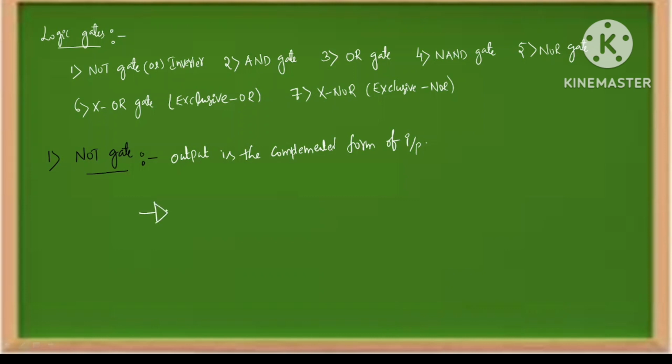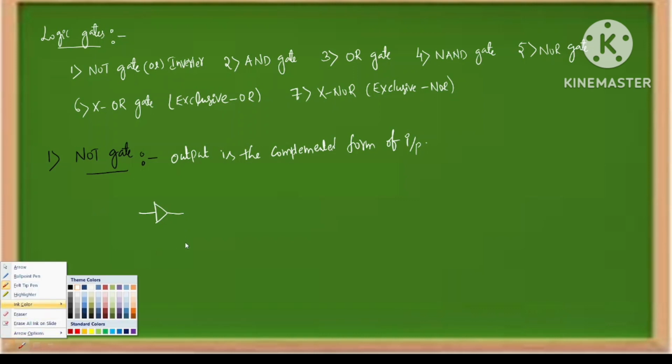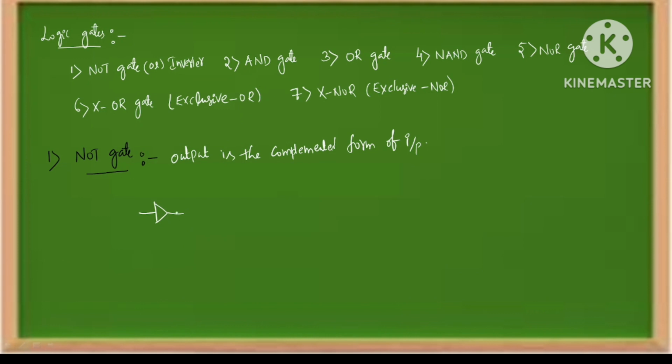Usually we use this symbol to represent the buffer. For a buffer, whatever input we give, we get the same as the output. But for the NOT gate, we need to invert the input. That's why we add a bubble here. So this is the symbol used to represent the NOT gate.